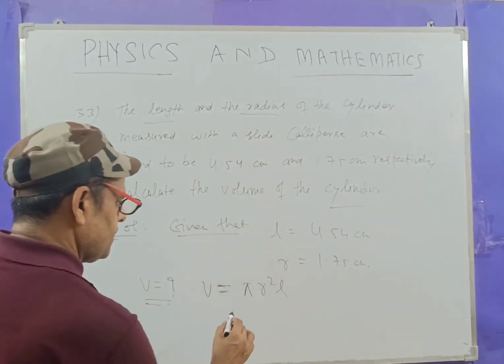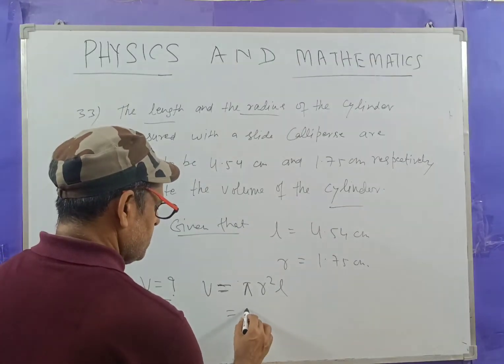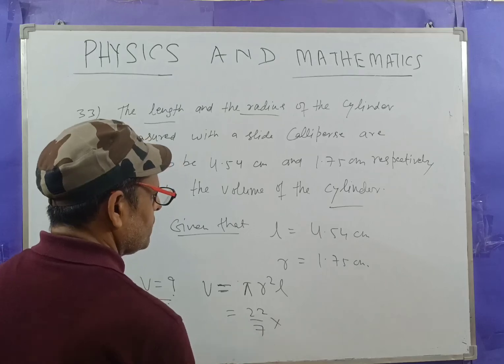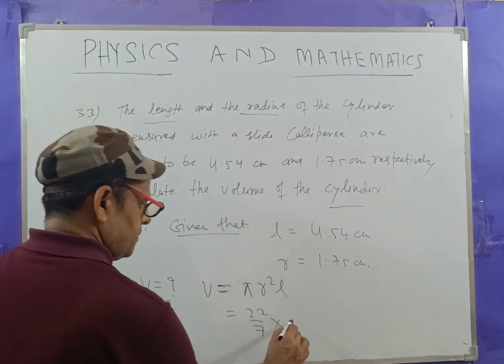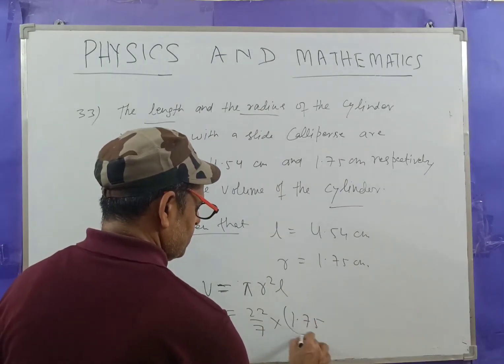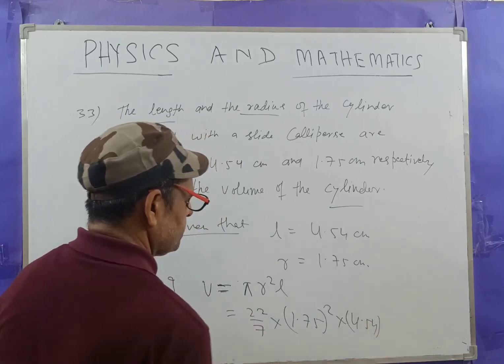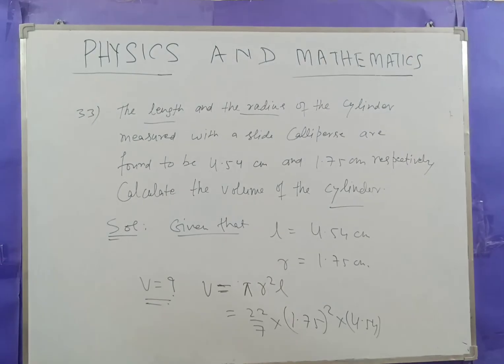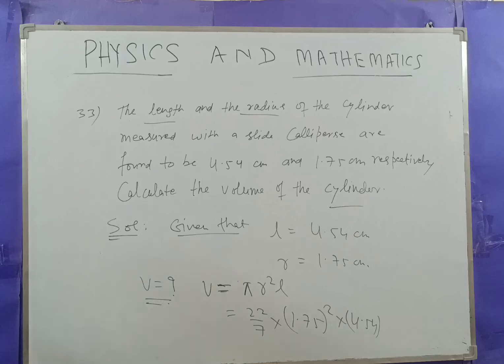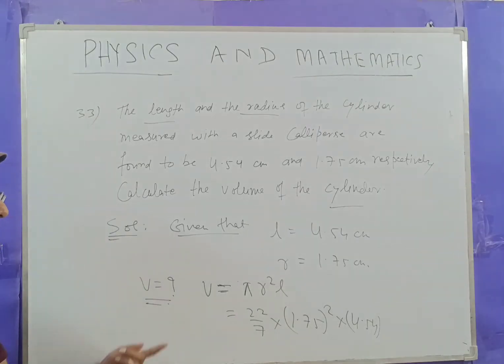We can write here 22/7 into r square, 1.75, into L, 4.54. This is given in centimeter, so the answer will be in centimeter cube also. We have to calculate it.